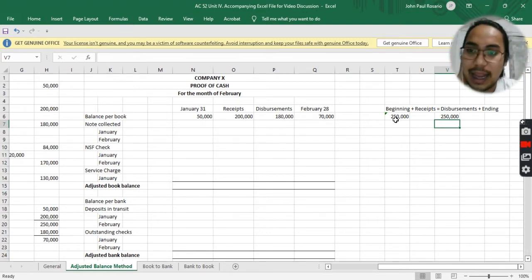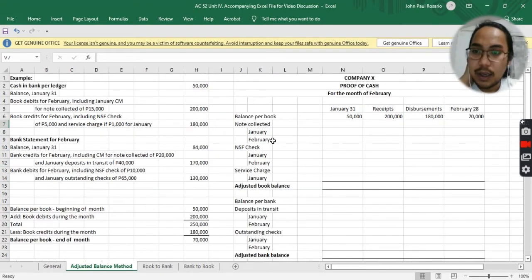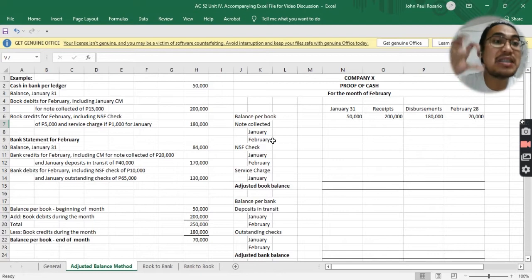Okay, now, note collected on January. So we have here in your book debits, you will see this note collected on January in your book receipts. So what is the concept about, what do you call this one? Let's start with credit memos and debit memos, okay?